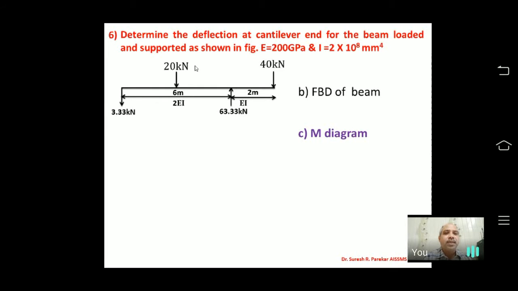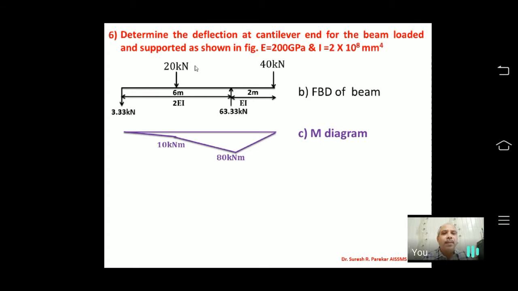If they are on one side, then you can go for a combined bending moment diagram. In this case we have them on one side, so I preferred the combined bending moment diagram. I have one problem where I have taken it as separate. If you want, you can go for separate. Separate is always preferable because you get triangles and can solve the problems easily.